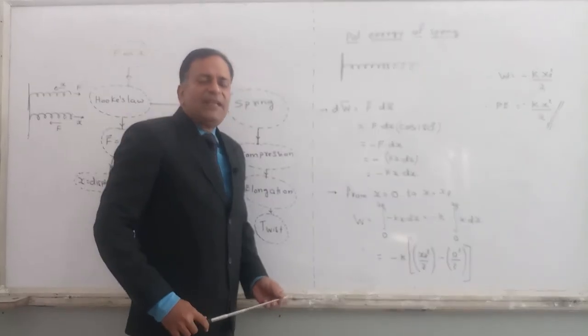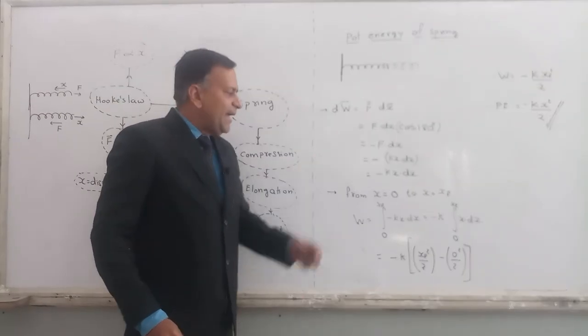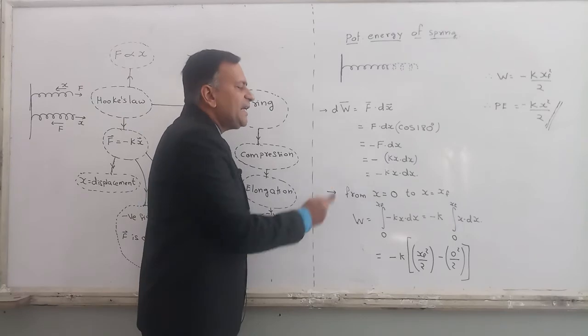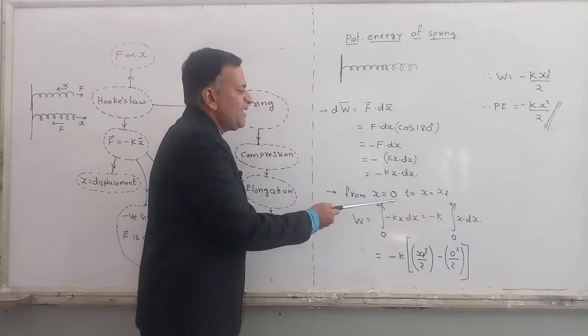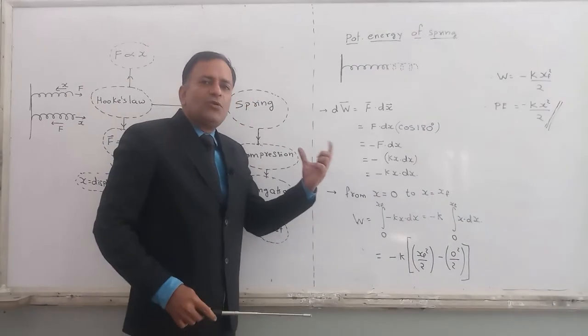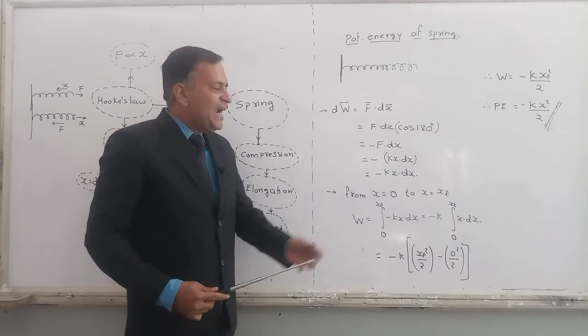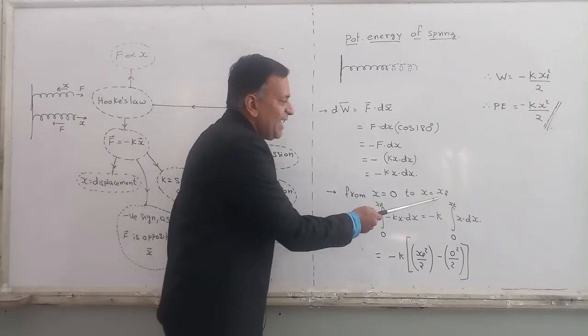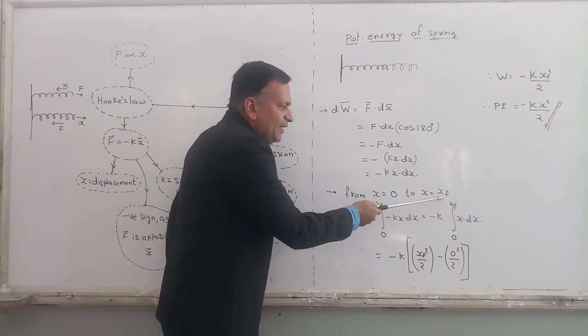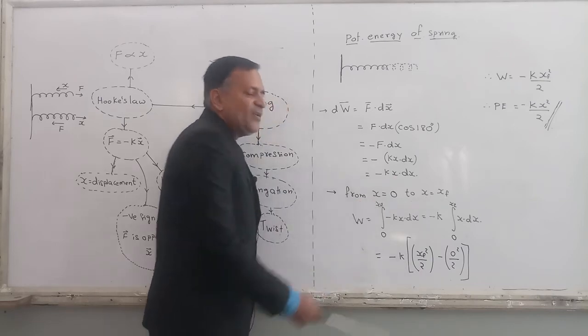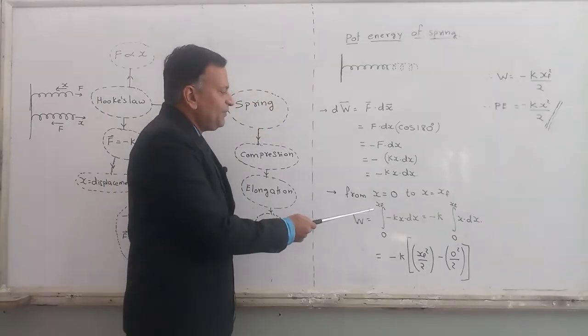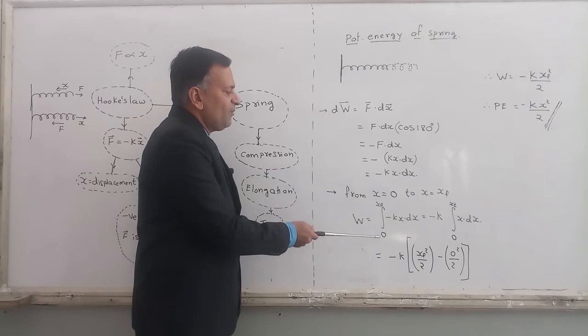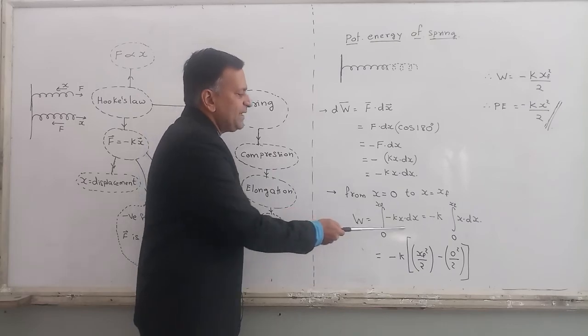But if suppose the displacement is large, displacement बड़ा है, शुरुआत में when you started there was no extension in the spring, x was equal to 0. अभी आपने इसको खींच दिया या इसको compress कर दिया and the change in the length of the spring is xf. Now the displacement of the spring is xf. How to calculate the total work done? Integrate करो, इसको integrate करो from the limit 0 to xf minus kx dx.